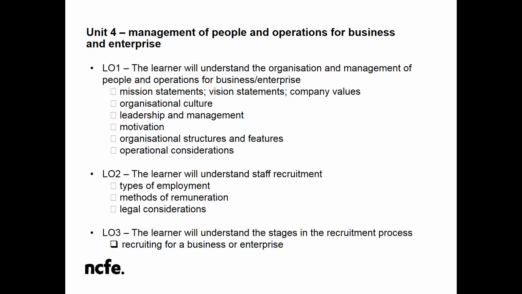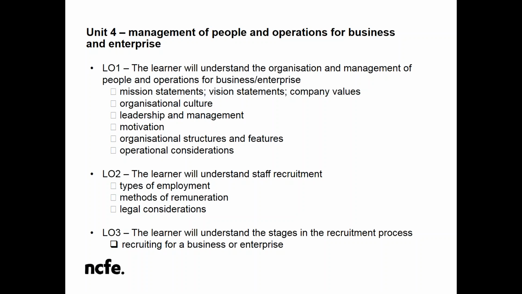So we'd expect you to cover something around that. And then the different methods of remuneration. So salaries, piecework, bonuses, profit share, how commission works, for example, for sales staff, and performance-related pay.